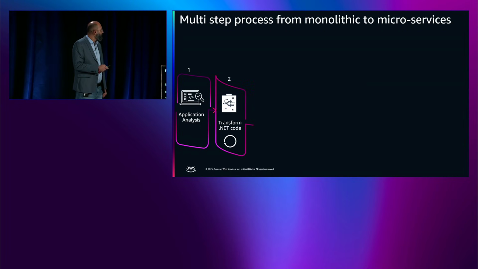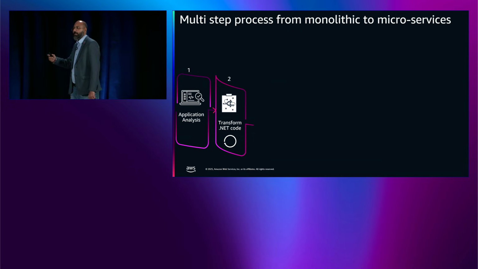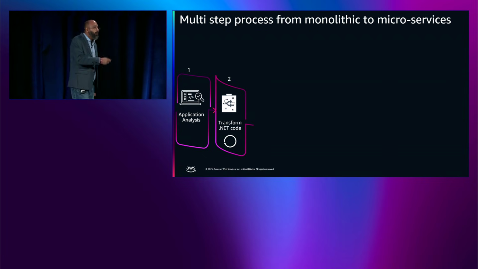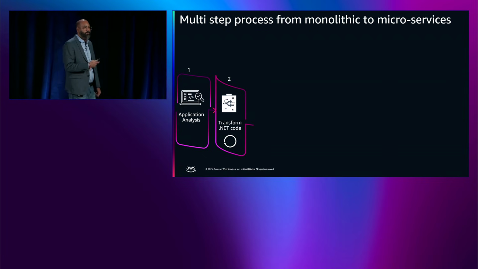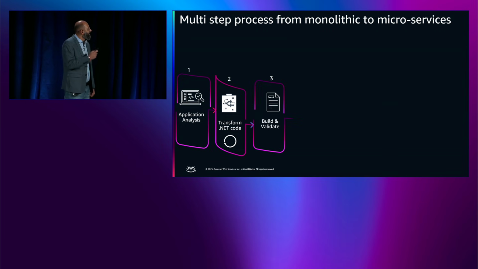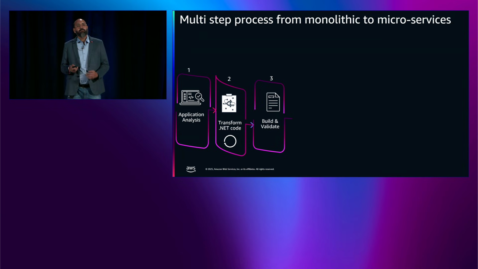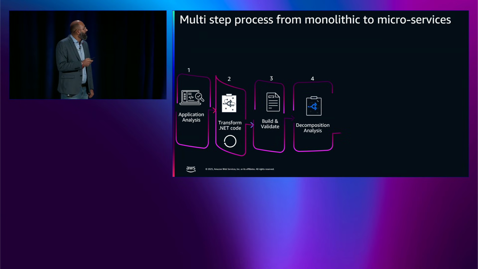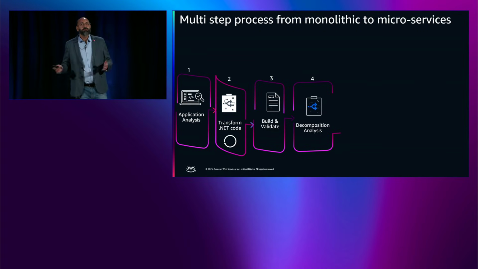Once my application analysis is done, I definitely want to transform my runtime and framework so that I can improve performance and security posture and make my application better, introducing new capabilities around modern cloud-native architectures. Then I have to build and validate my application with whatever architectural changes I have made from the framework upgrade standpoint. And once that is done, I need to perform a decomposition analysis.